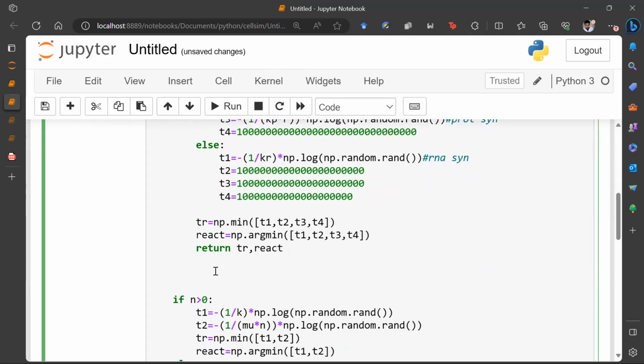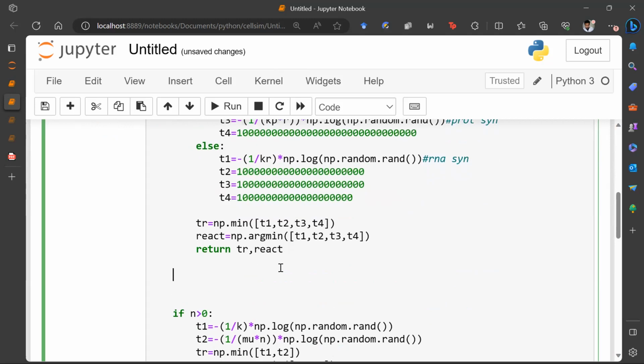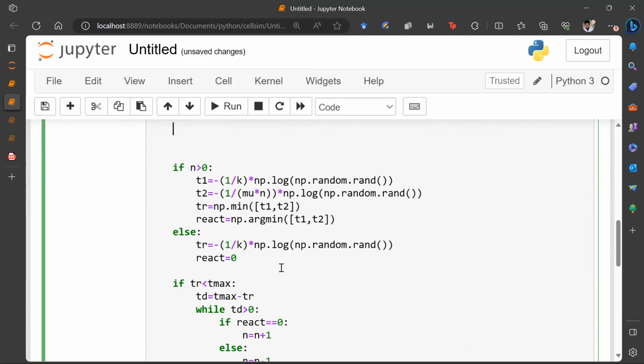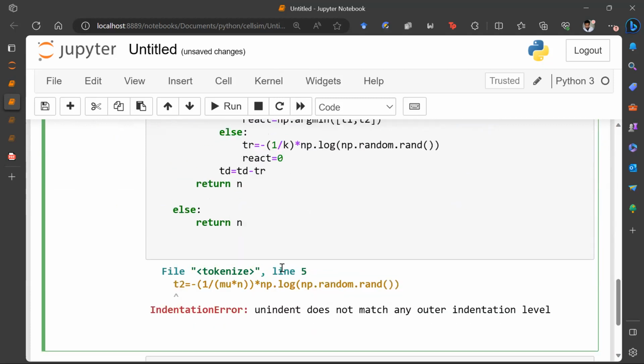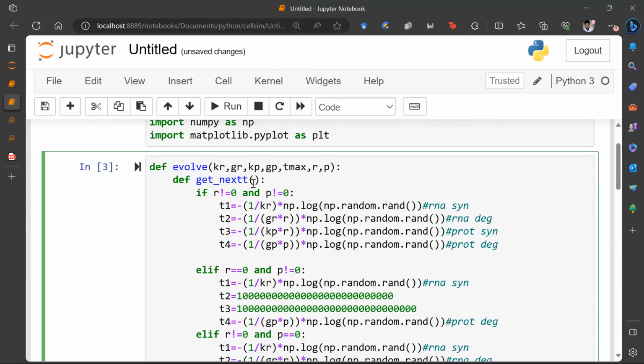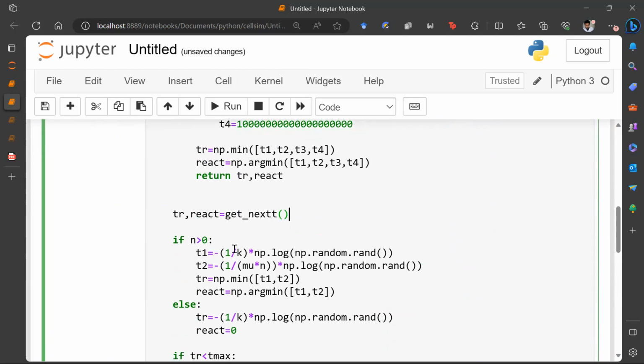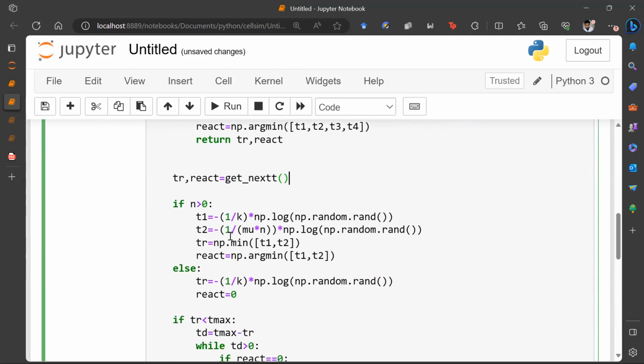Okay. Now, what do we do? So first we calculate the next time to reaction. So now this is like the actual algorithm. So we calculate our time to reaction, calling this function. And here I did the same, no?